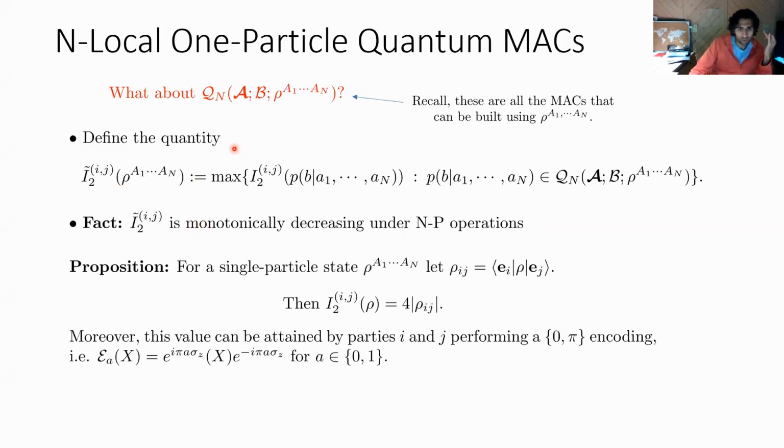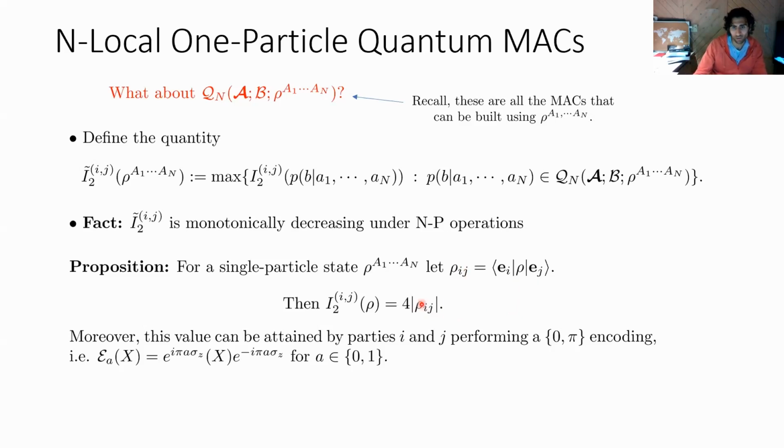And in fact, what you can show is that the I2, sorry, this should be a tilde here. This tilde is actually given by the amplitude of the off-diagonal term between the i and j party of the matrix rho. So those who have worked on coherence will recognize this right away as the L1 measure of coherence for a 2x2 density matrix.